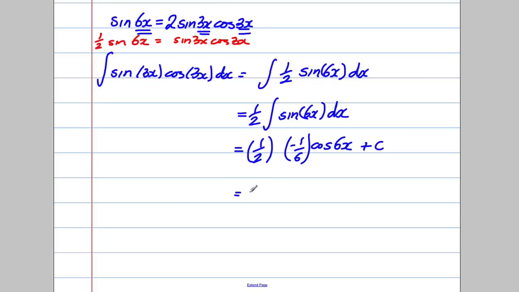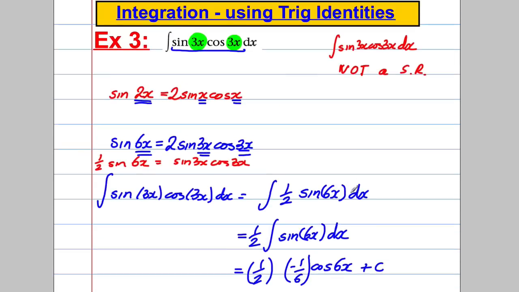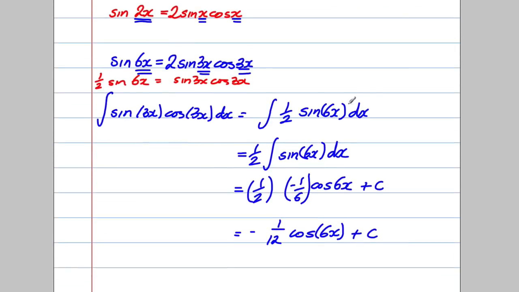So overall you get negative a 12th cosine of 6x plus c. Let's rethink how I got that. I saw sine 3x cosine 3x, the angles were the same, which was very important. I used the double angle sine formula, which most resembled that, and I knew it came from a half sine 6x, so I integrated the half sine 6x instead, which I can integrate, and hence I got the answer.